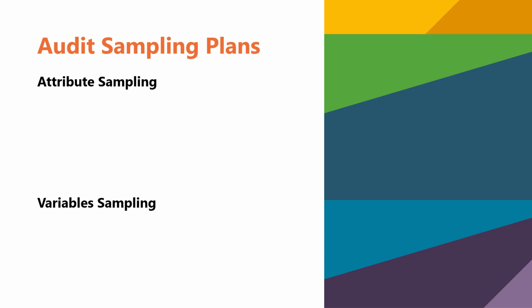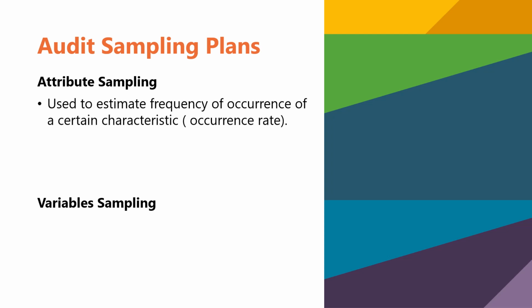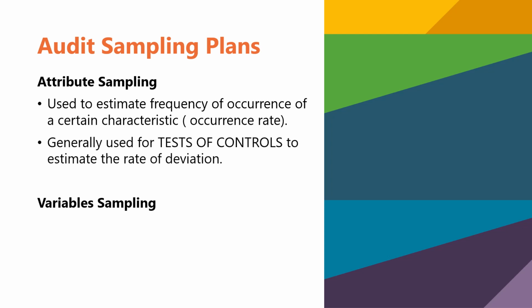Well, we do have what is called attribute sampling and variable sampling. So, when you talk about attribute sampling, attribute, that's the characteristic, right? So attribute sampling is used to estimate the frequency or occurrence of a certain characteristic. So we call this one the occurrence rate. And this is generally used for tests of controls to estimate the rate of deviation.